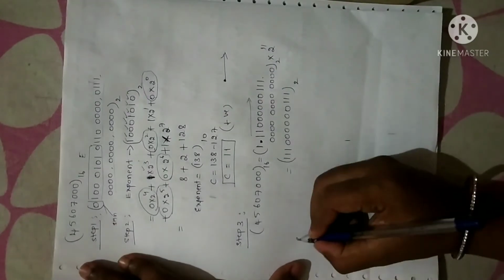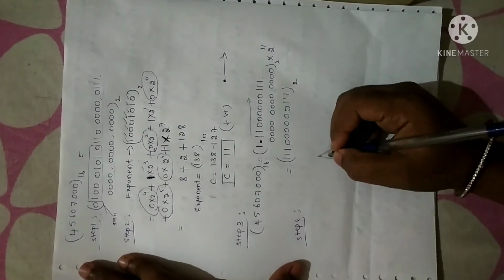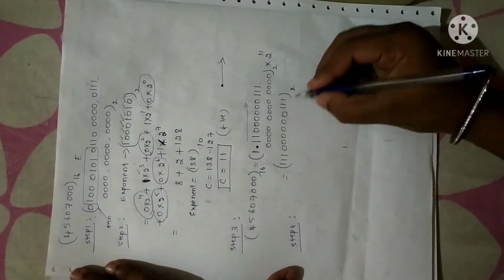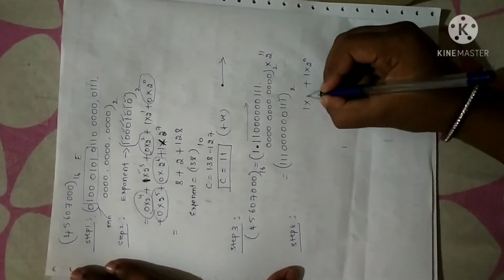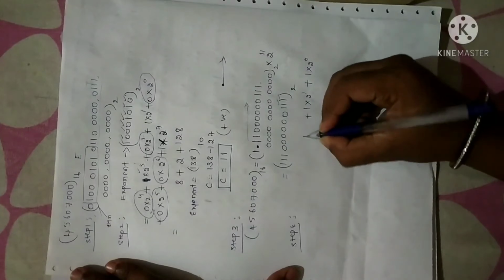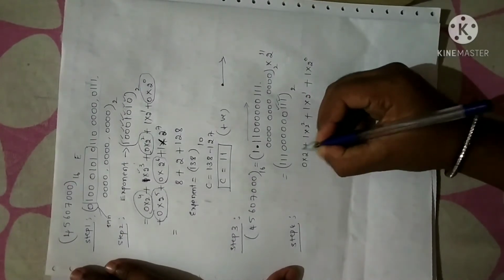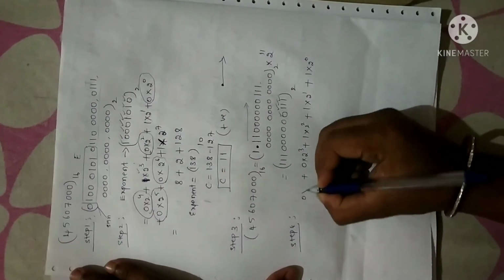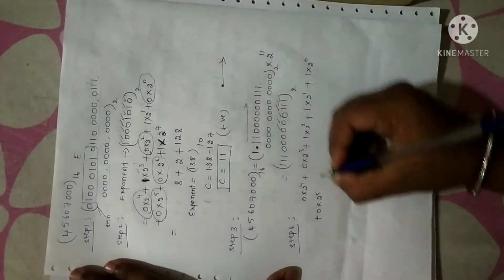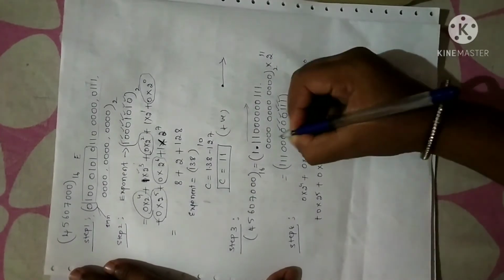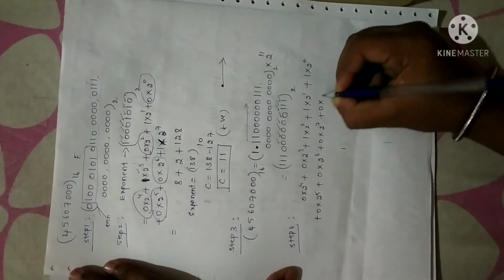Now it is in binary. In the last step, we have to convert it in terms of the equivalent decimal value, right? So let me convert this number into its equivalent decimal value. 1 into 2 power of 0 plus 1 into 2 power of 1 plus 1 into 2 power of 2 plus 0 into 2 power of 3 plus 0 into 2 power of 4 plus 0 into 2 power of 5 plus 0 into 2 power of 6 plus 0 into 2 power of 7 plus 0 into 2 power of 8.